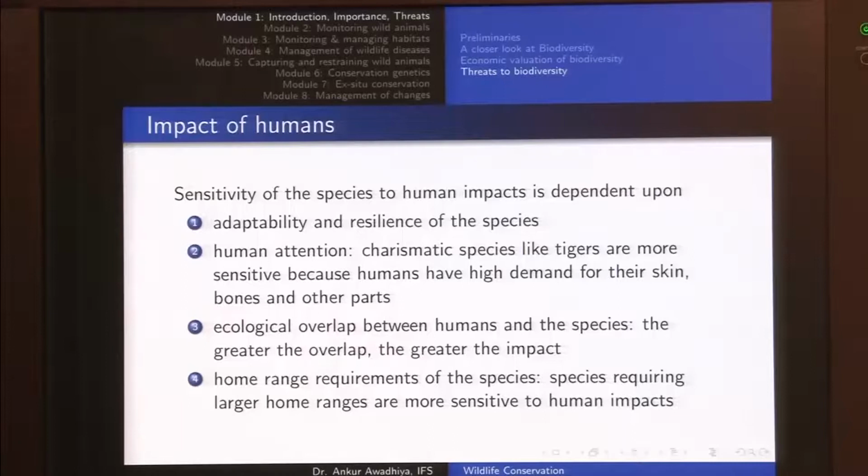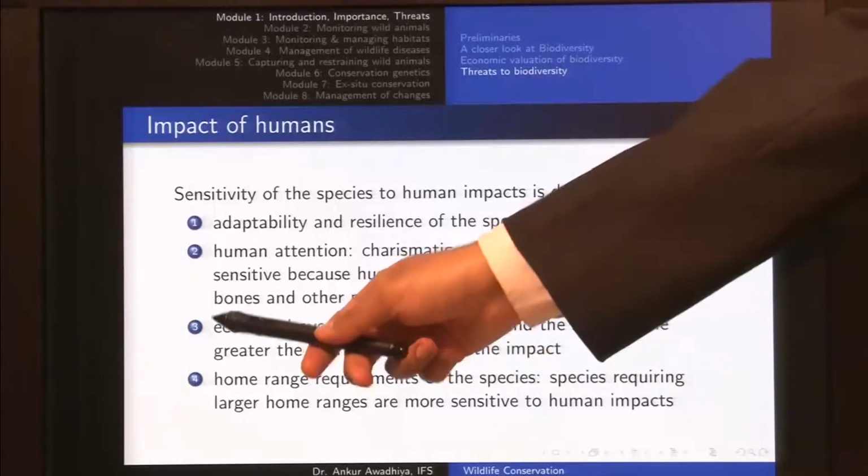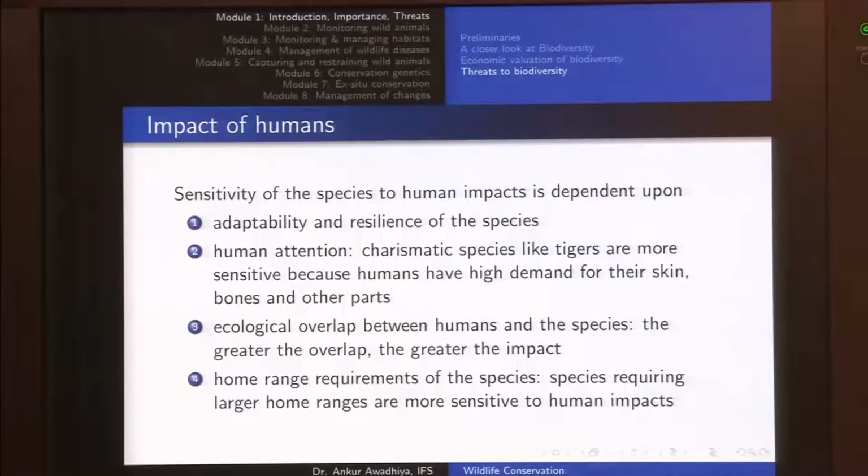So, all those forests were cut down and all the species that were living in those areas suffered a massive decline in their populations. Now, compared to that, a species that lives in, say, the very high peaks of Kanchenjunga would be much safer, because very few human beings are going there and causing an impact there. So, if there is more ecological overlap, then the impact of human beings is greater.